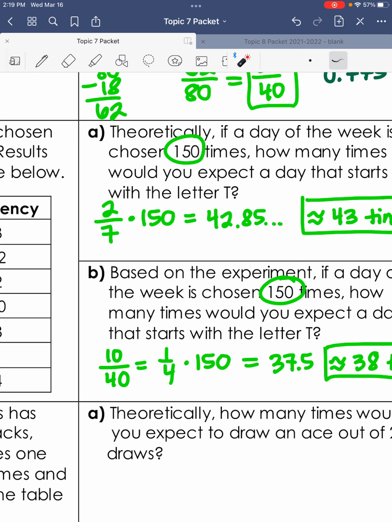So 10 divided by 40 times 150 is still 37.5. So sometimes it's easier not to reduce your fraction, to skip that step and just go straight to multiplying. It works the same way.